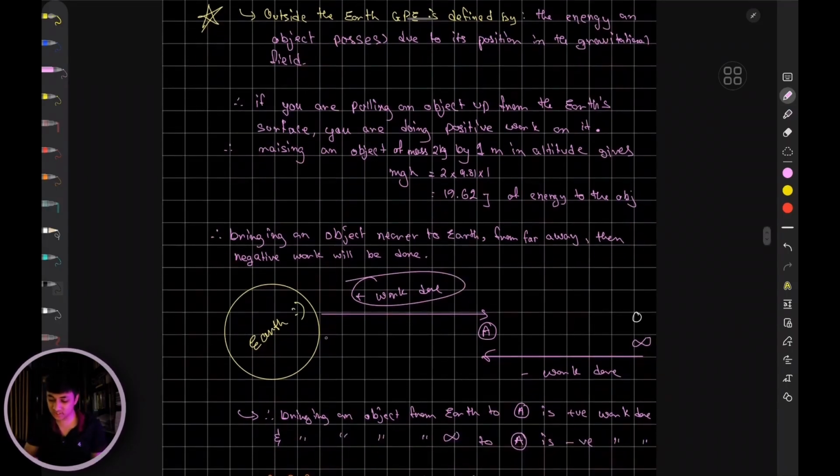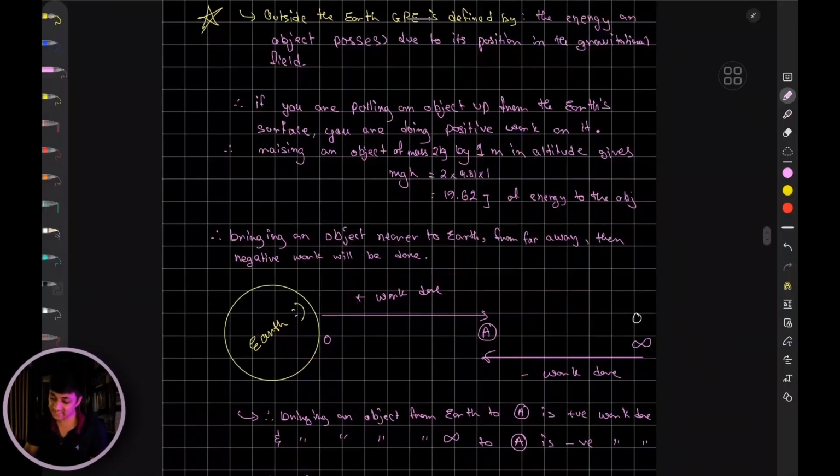Now, what we used to consider is that at the surface, the energy is zero. However, that is wrong. Why? Because notice, at a distance that is at infinity, the amount of work done on the object is going to be zero. Its gravitational potential energy is going to be zero. Why is that the case?